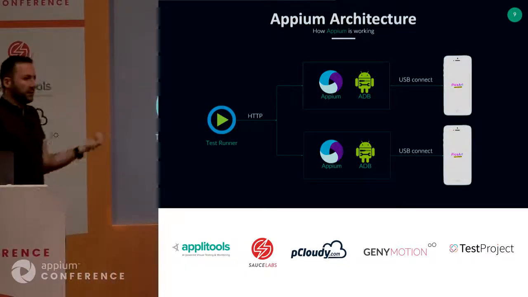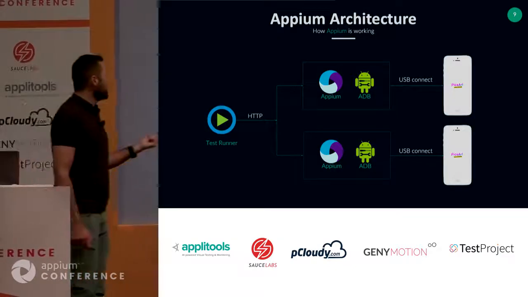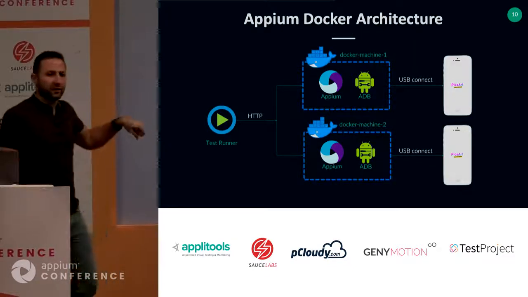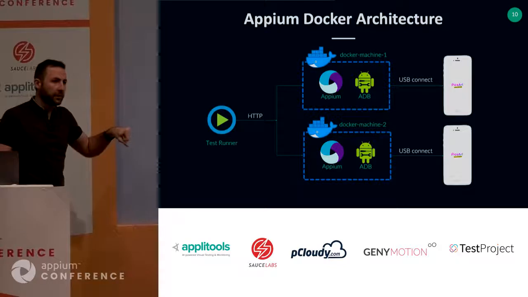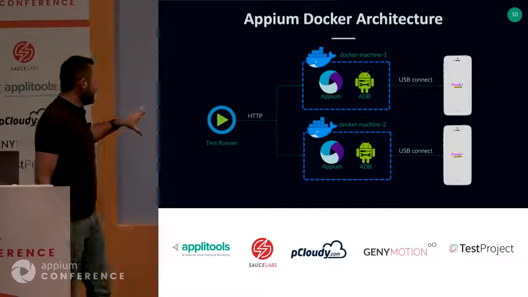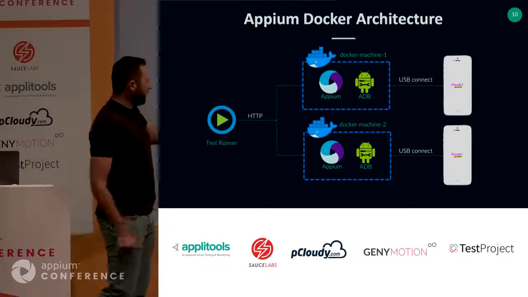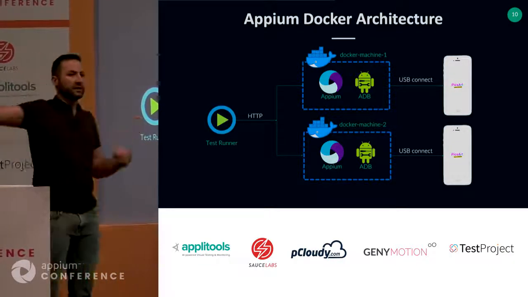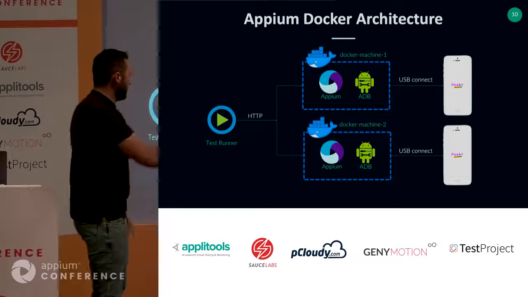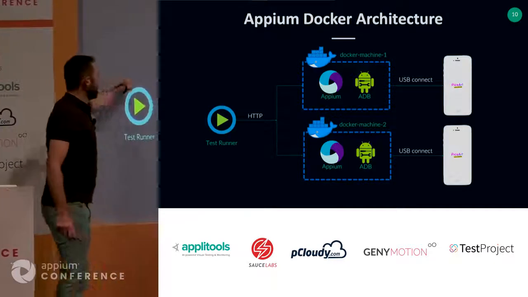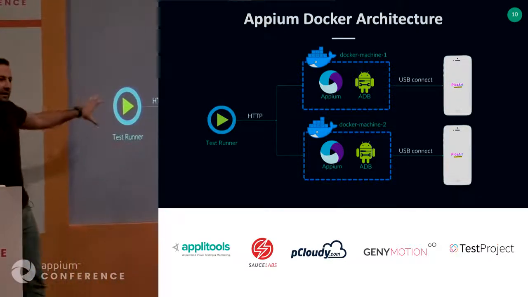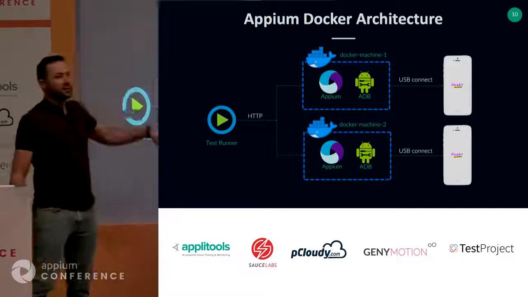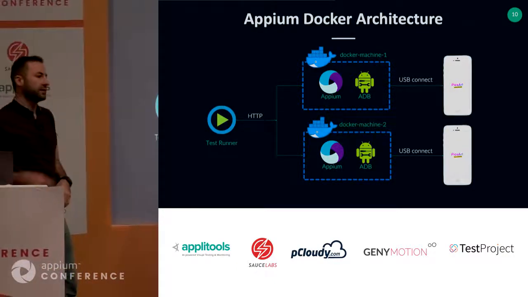So what we are doing with this solution is taking this part and putting it inside a Docker container. This part is the ADB with the Appium living in a container. We just connect it to the test runner and then to the device. This part could also be Dockerized, so it can live in another Docker container, and we're just connecting them to each other.